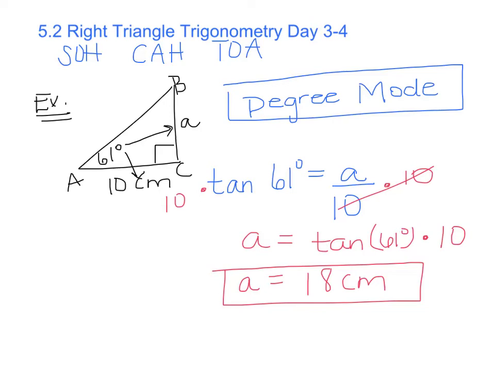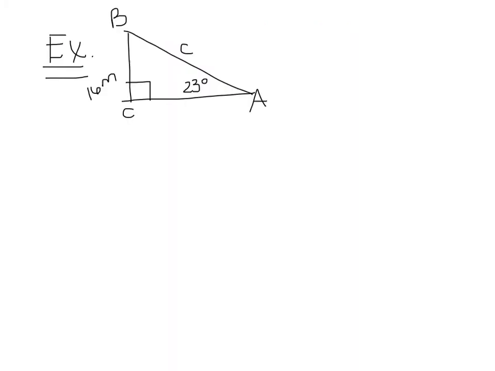And of course, each problem won't involve tangents, so you have to really look and see the side lengths that are given. This particular problem, I'm going to write SOHCAHTOA again. If you notice, we're given the angle 23 degrees.